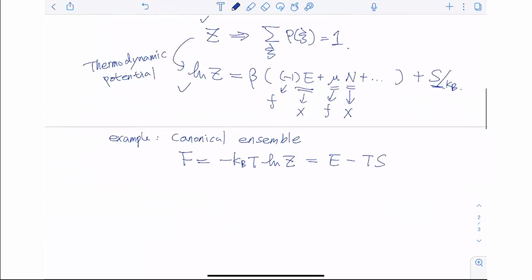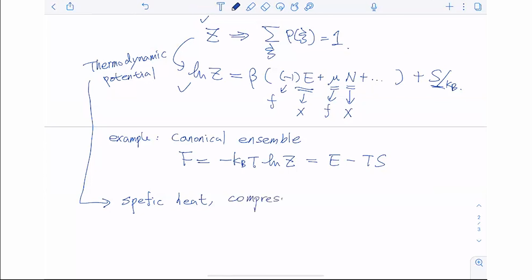And why is the thermodynamic potential so important? Because it can lead to some measurable quantities, such as specific heat, compressibility, and other measurable quantities.